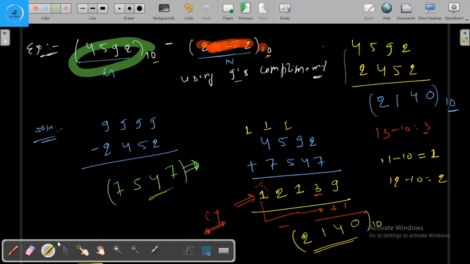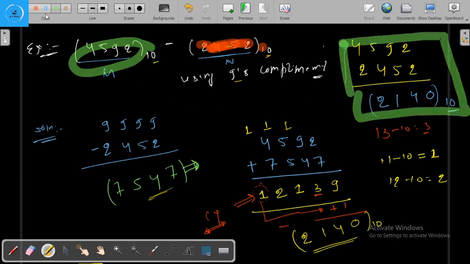Then why are we going to do all that steps? Because this will help in calculating the subtraction in the 8's complement or in the 7's complement or in any complement. Okay, it's given in the decimal number system so it seems to be easy, but if it would be given in another number system then it will look a little bit tricky. Okay, a little bit tricky it will look, that's why.